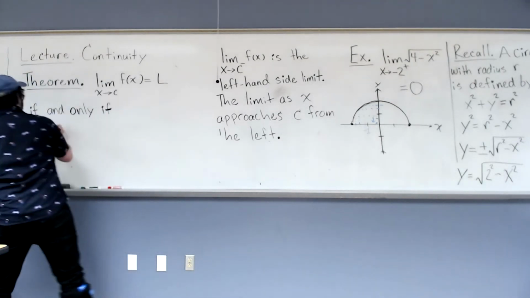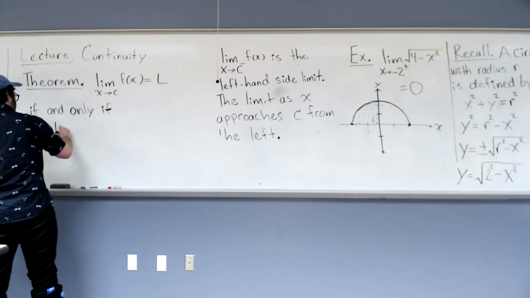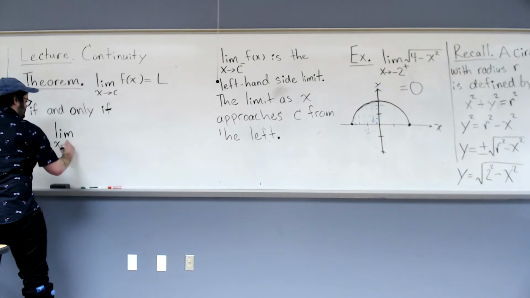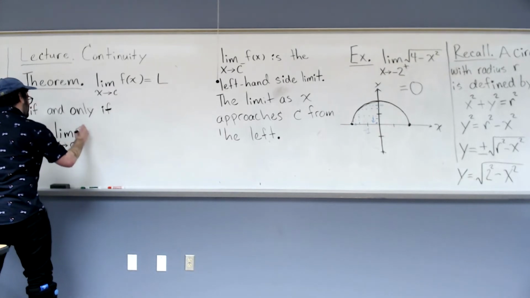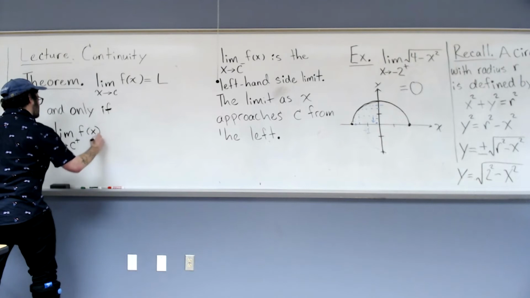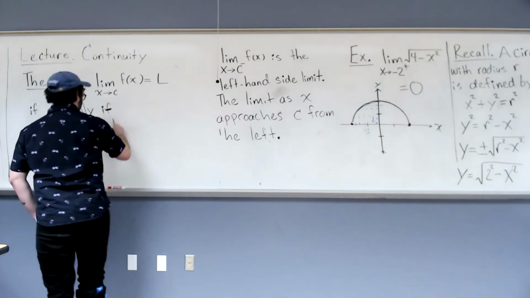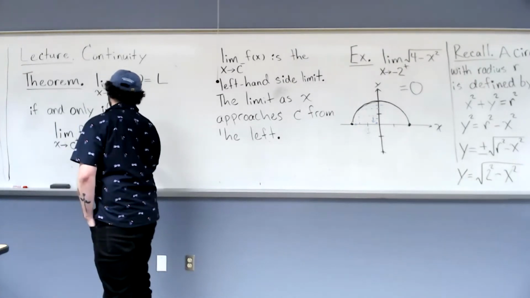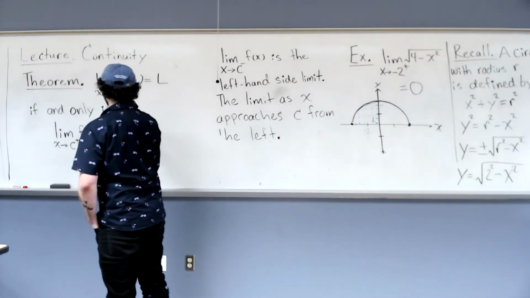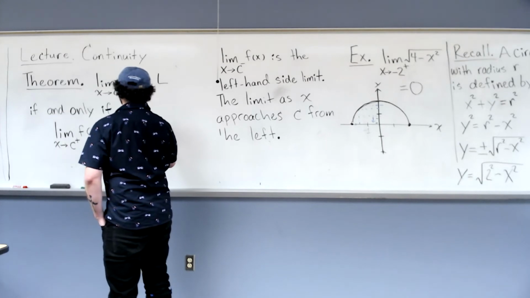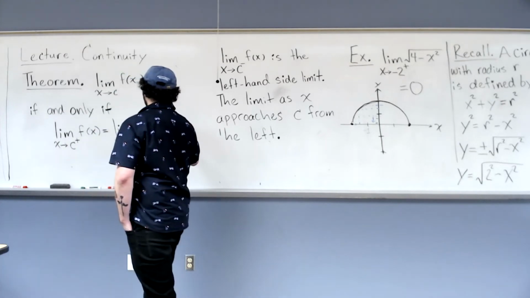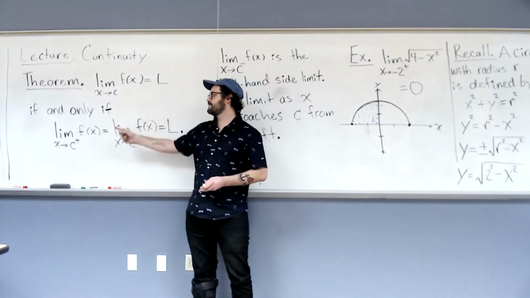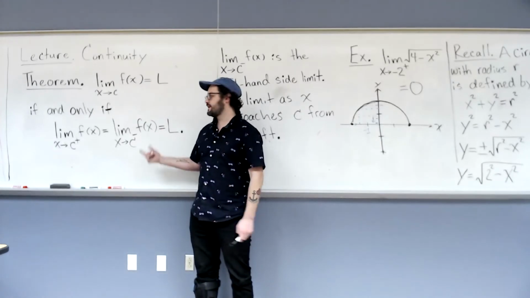So if and only if the limit as x approaches c on the right-hand side of f of x equals the limit as x approaches c from the left-hand side of f of x equals L. So again, if and only if statements logically mean that this is the same as that.